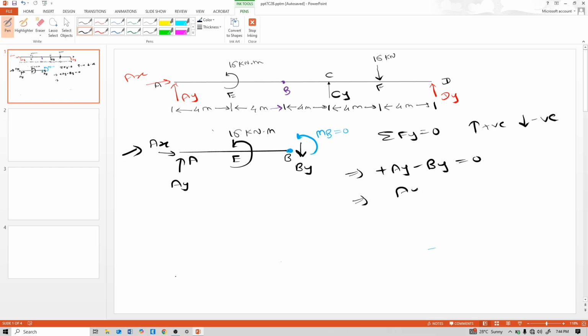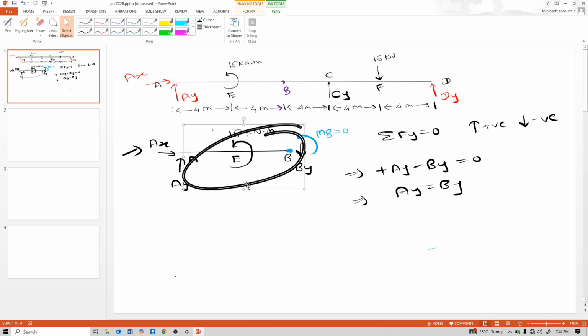So AY equal to BY. Now our interest is to find AY, but we are not able to find the exact value of AY till now. So observe this beam and think how to find this AY.